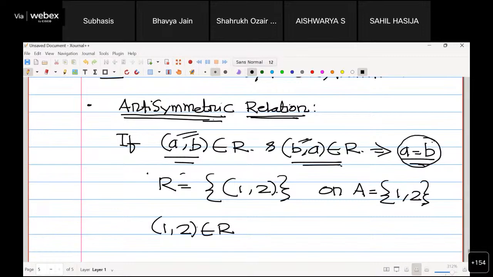Here you can see (A, B) is in R, but (B, A) is not in R. Since (B, A) is not in R, I don't need to check this condition. So this condition is true vacuously, because I don't have any elements of the form (A, B) as well as (B, A). So this is an anti-symmetry relation.